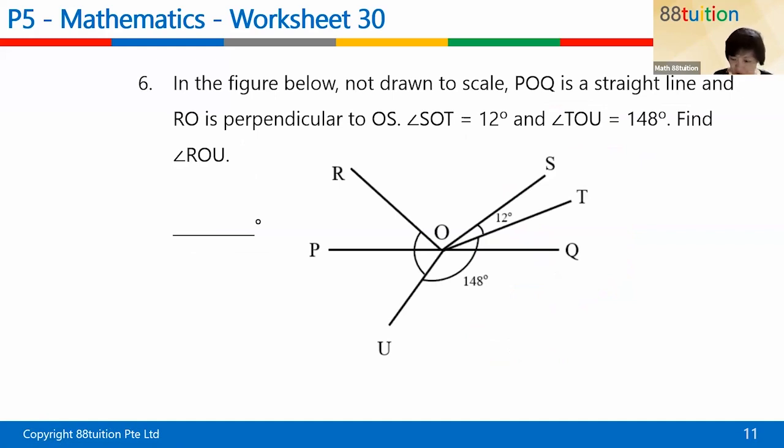In the diagram, this is a straight line. SOT is 12. TOU is 148. So other OU, that means this is the one that you're looking for. Okay, so you have 148.